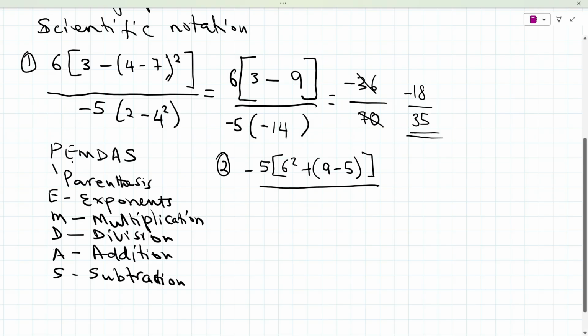And this is all divided by 4 times 2 minus 3, and all this is supposed to be squared.